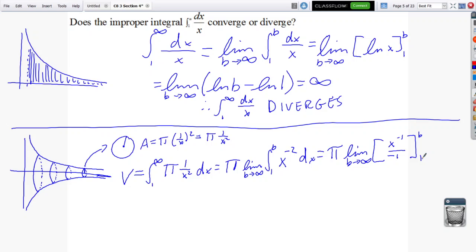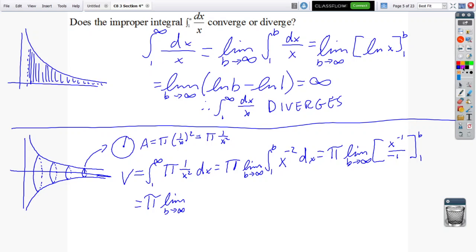All right? So now I'm going to sub in. When I sub in, pi hangs around. Limit as b approaches infinity hangs around. Now all we are doing is plugging in b, plugging in 1. While I plug that in, I'm going to rewrite x to the negative first over -1 as -1 over x, just because, again, I know how exponents work.